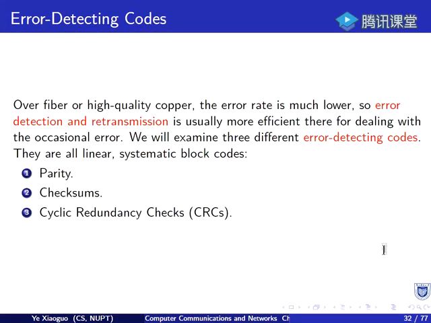We will not introduce the Hamming code in detail. Then we will talk about error detecting codes. Over fiber or high quality copper, the error rate is much lower, so error correcting coding seems to be too heavy.